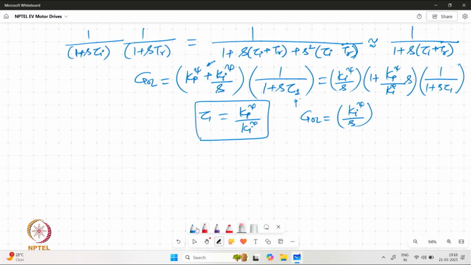And of course there is no gain available over here. It's just a first order filter for the IMR realization. So which is why we end up having open loop transfer function given like this.